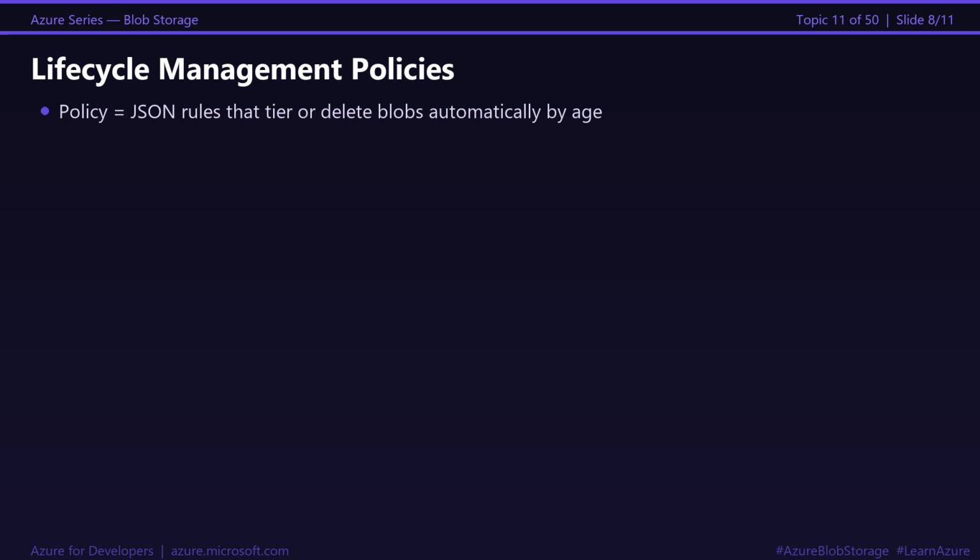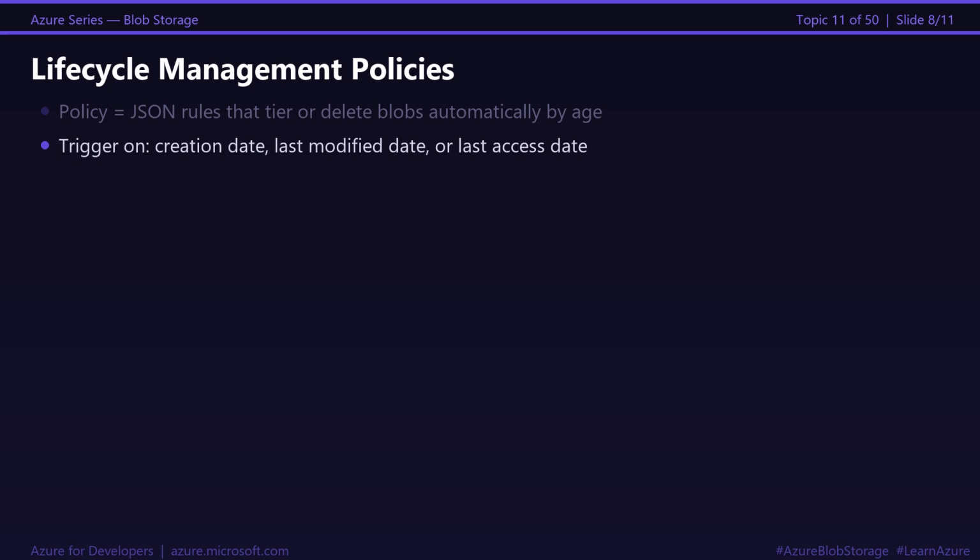Service SAS is scoped to a specific container or blob. Account SAS can grant access across multiple services in the account. User Delegation SAS is signed using Azure AD credentials instead of the account key. This is the recommended approach because it is backed by Entra ID rather than a static key.